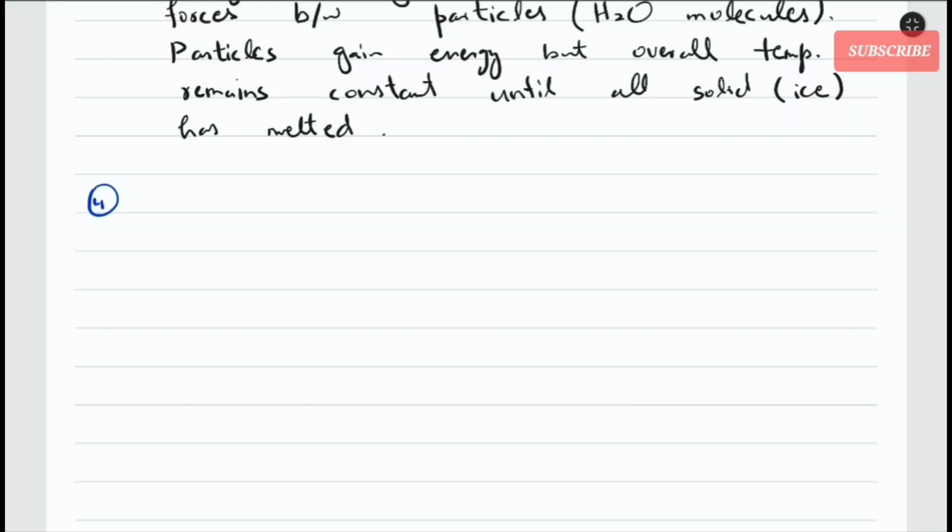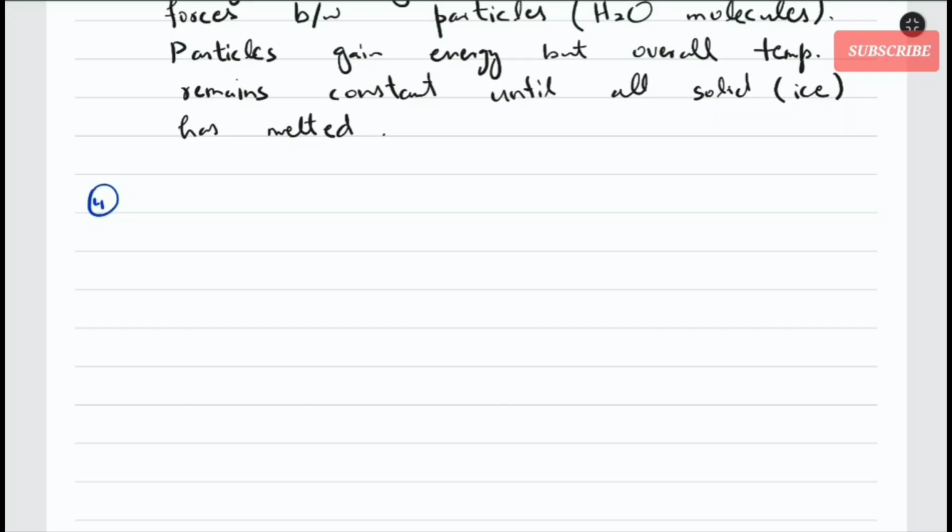At the solid there's only vibrational movement. When you change to liquid, the particles are moving freely, but a little bit. But in the gas form, the particles are moving very rapidly, randomly. So there's a huge change in the movement of particles from liquid to gas. There's less change in the movement from solid to liquid.